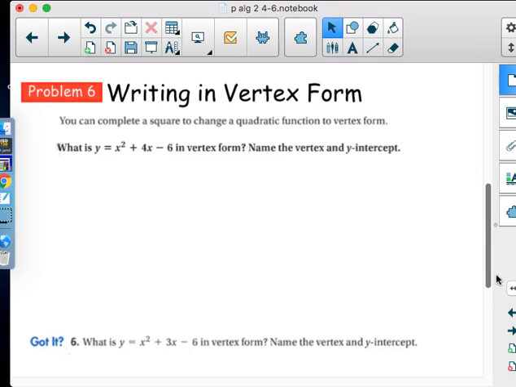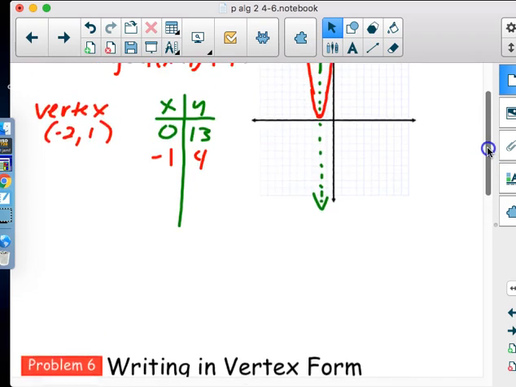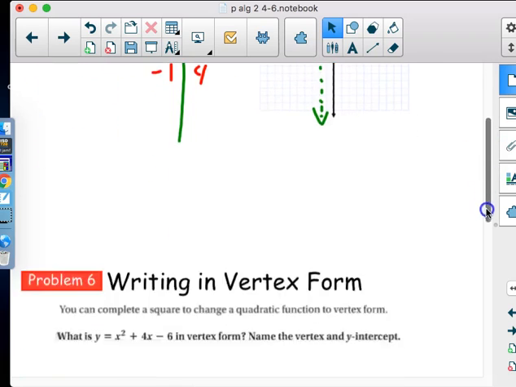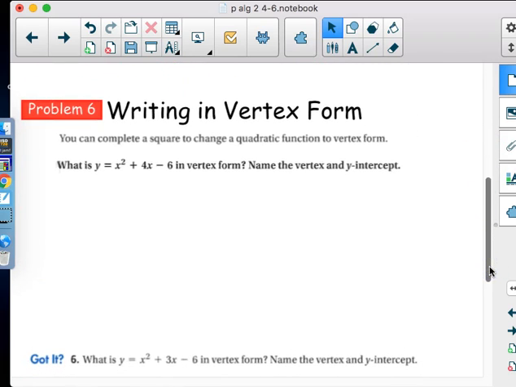We know how to do that. It's completing the square. That's how we do it. Because take a look at this formula right here. This is exactly what we've been doing. We've been making those nice little perfect square trinomials. So let's make this one into vertex form.